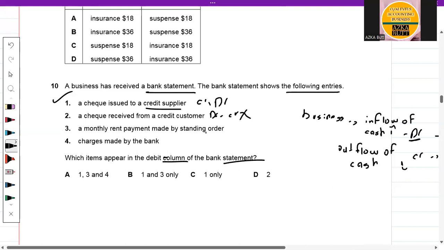Monthly rent payment made by standing order: we are credited but the bank is debited, so this is also right. Charges made by the bank: we will credit but the bank will debit, so that's why 4, 2 and 1 is the right option. A is the right option.